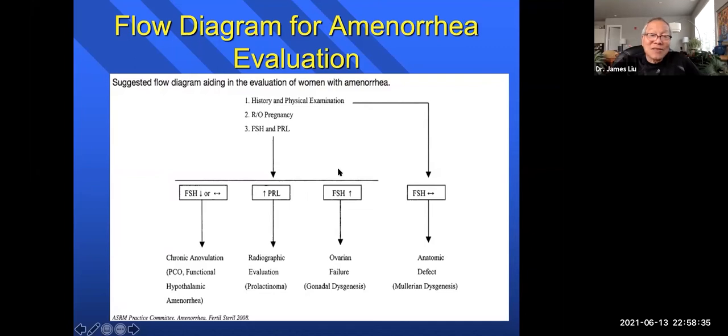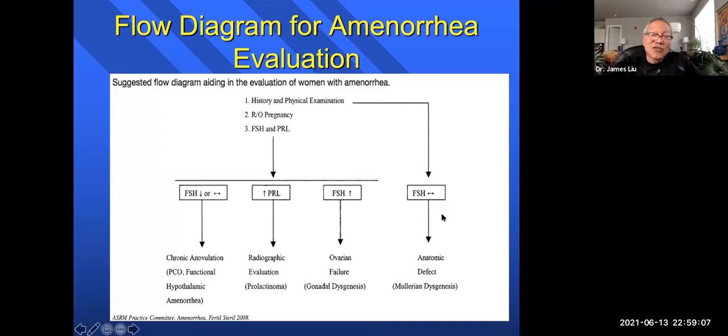If the FSH is increased, and one of the things I see more and more of is women exposed to chemotherapy. Due to this component, you're seeing women with decreased ovarian reserve and obviously ovarian insufficiency. You have to think about gonadal dysgenesis as well, because the HP axis functions normally in gonadal dysgenesis, so the FSH is elevated, and you may be able to narrow it down.